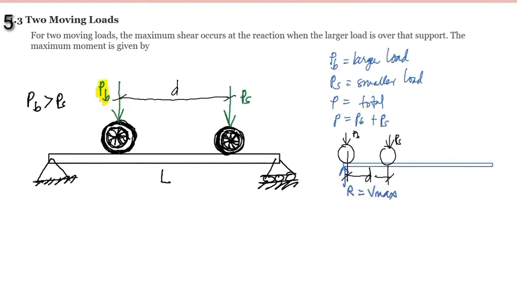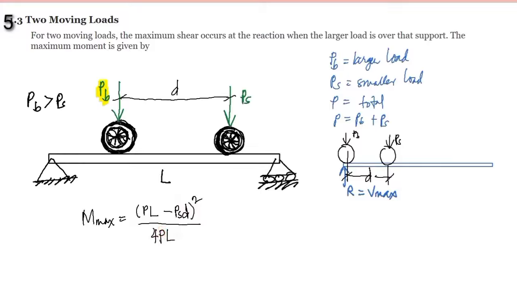How about the maximum moment? For the maximum moment, we will be using this formula. The maximum moment is equal to PL minus PS multiplied by D, quantity squared, over 4 PL.